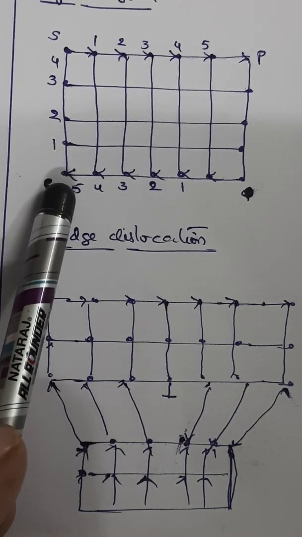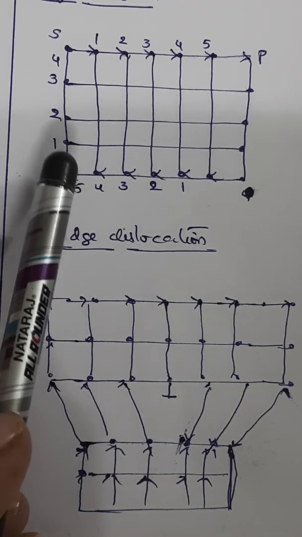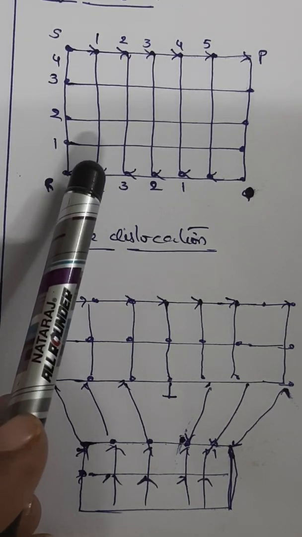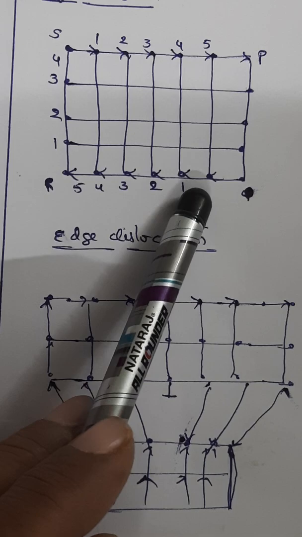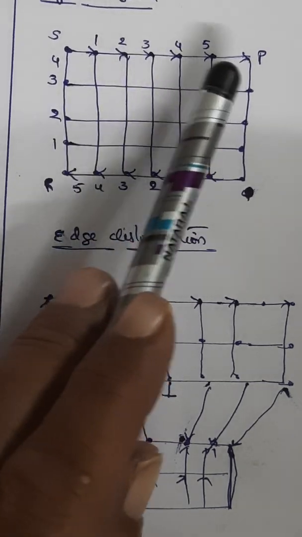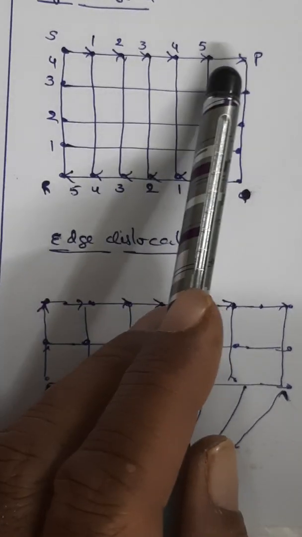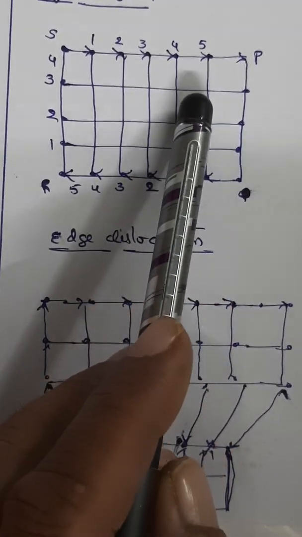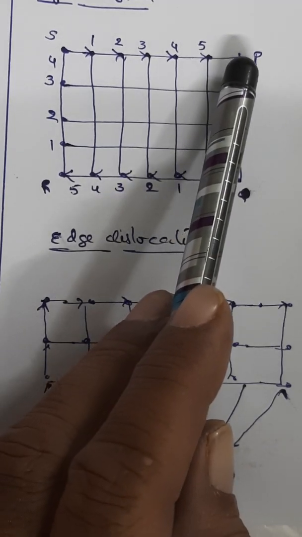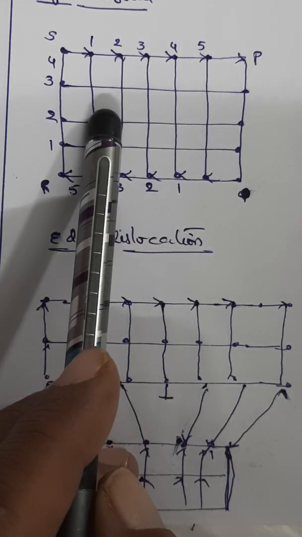In a perfect crystal, the circuit may be started from the lattice point P, covers 4 atoms and reaches Q. From Q, by covering 5 atoms, it reaches R.